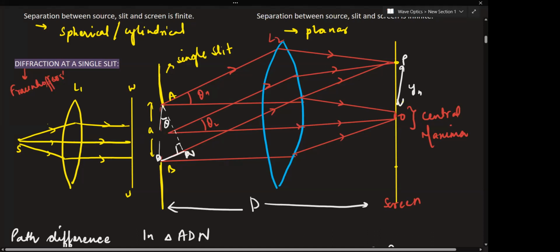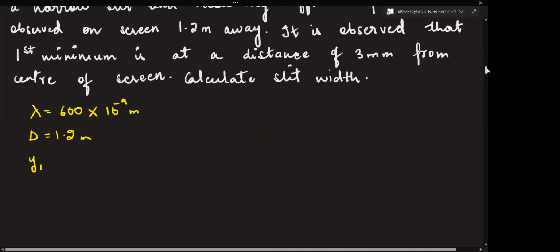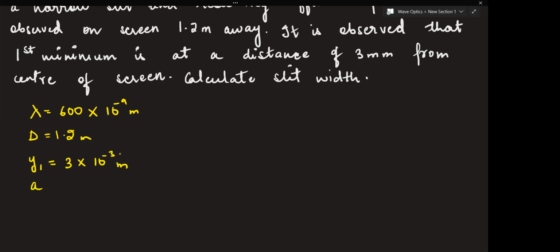So it has provided us with y, that is the linear separation. So 3 millimeters is for the first minimum. That is, y1 will be 3 into 10 to the power minus 3 meters. Now see what is left: A, which is the slit width.